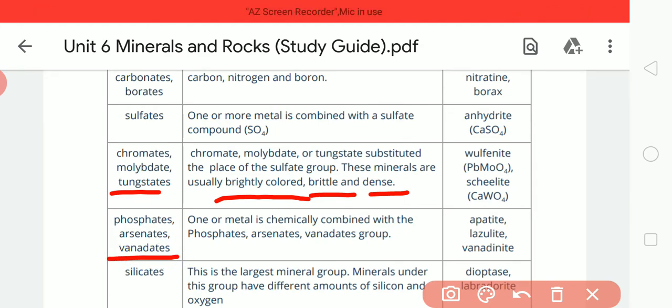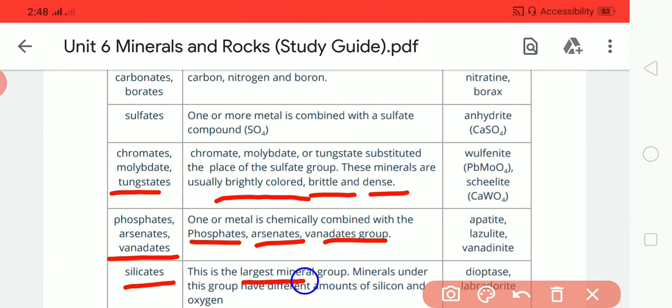So one or more metals are combined with phosphate, arsenate, and vanadate. Example, apatite, lazulite, and vanadinite. Last one is silicate. So this is the largest mineral group. Minerals under this group have different amounts of silicon and oxygen. So example, dioptase and labradorite.